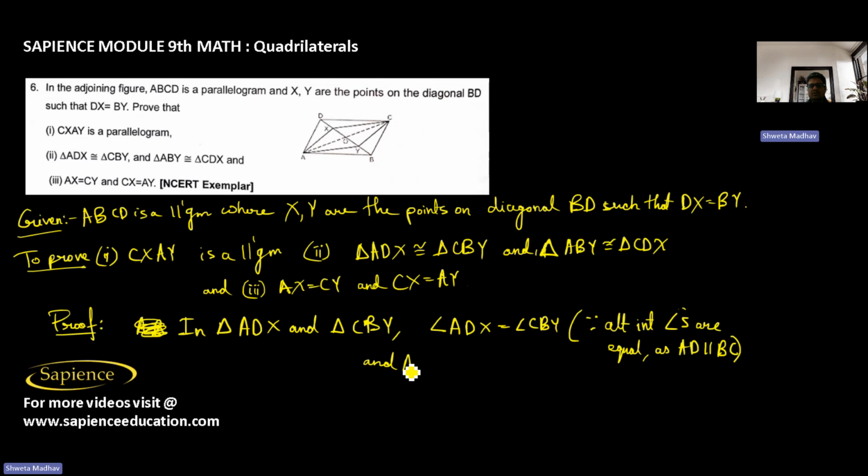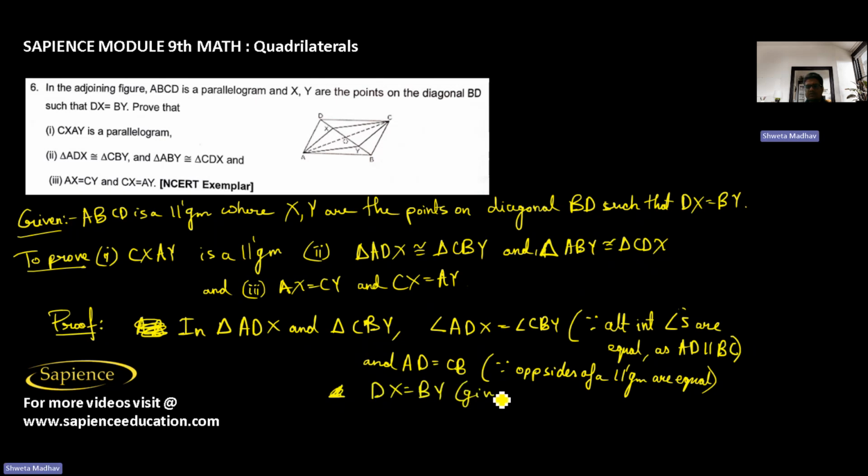And AD is equal to CB also, since opposite sides of a parallelogram are equal. And also DX equals BY, which is given.